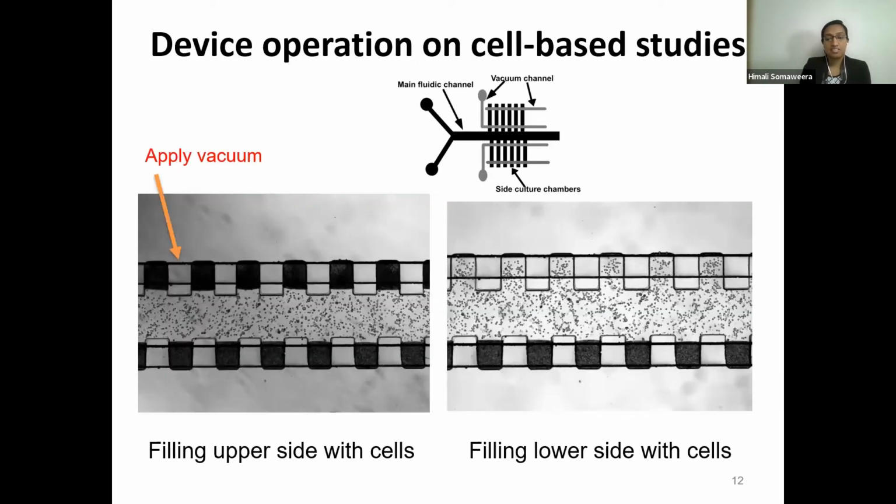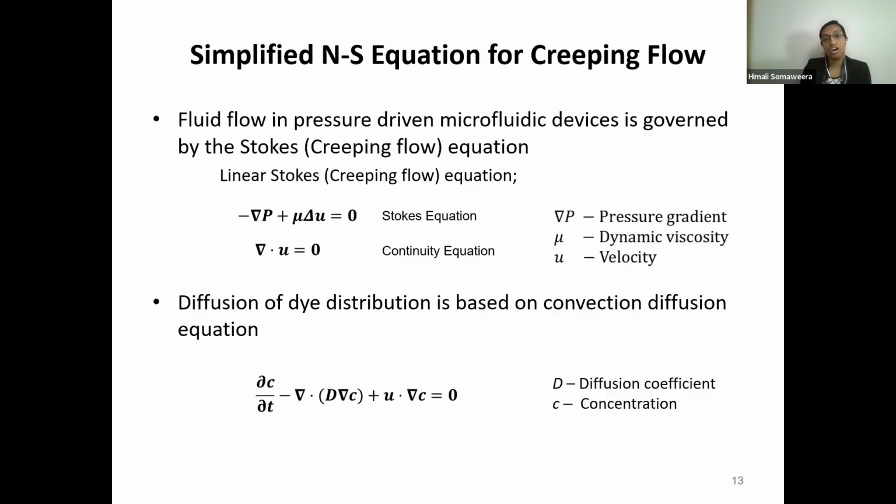That's how the cells are loaded, and for the fluid loading we do the same thing, using vacuum actuation. First we need to validate the data, because before we use the chip for cell analysis, we need to make sure that there's no shear stress on the cells.